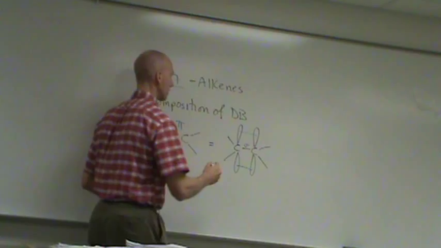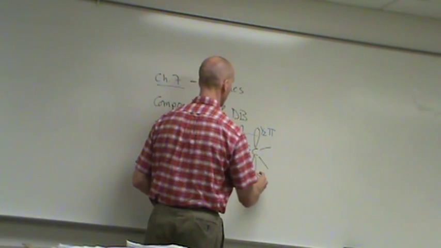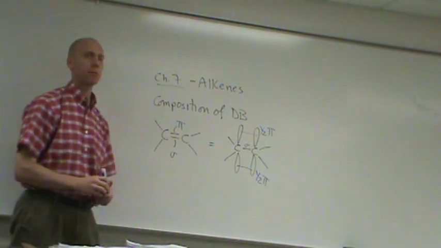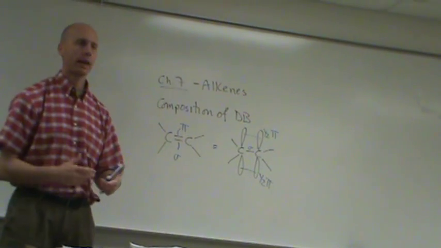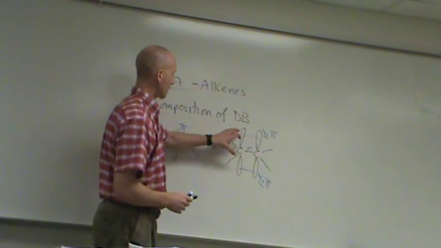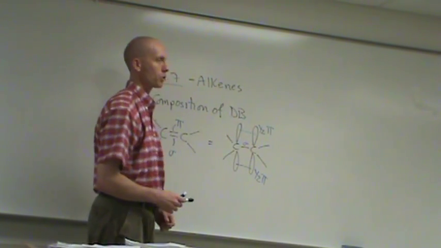The pi bond, we view it as half of a pi bond here and half of a pi bond down there. So half and a half is one. But this is how we're going to be looking at the pi bond when we get into the chemistry of it.